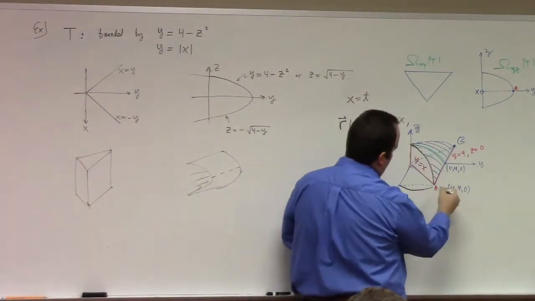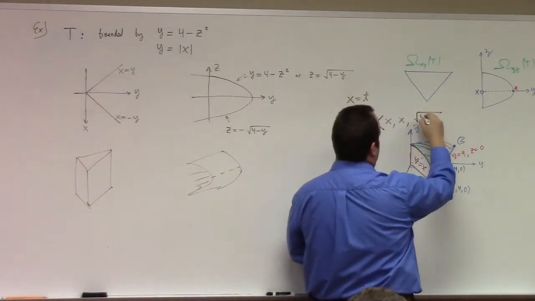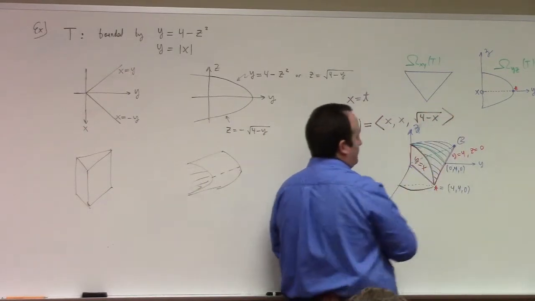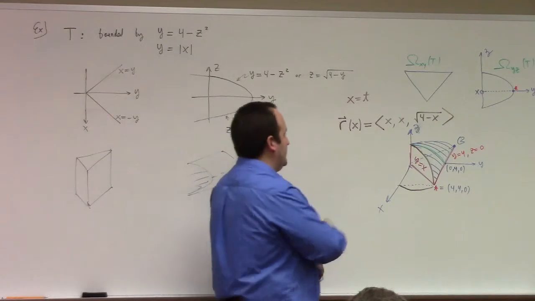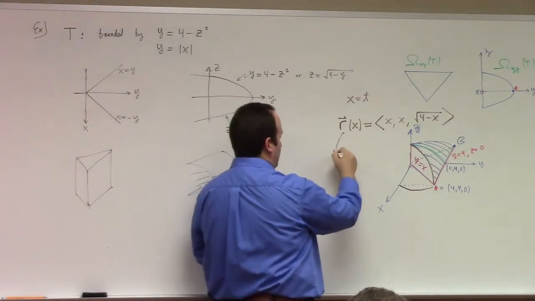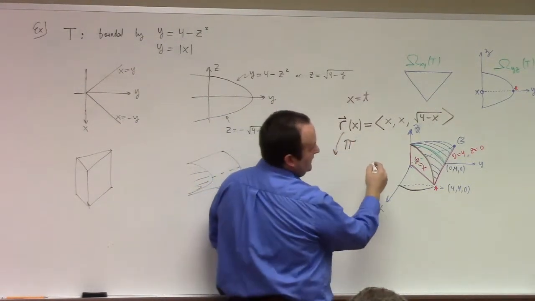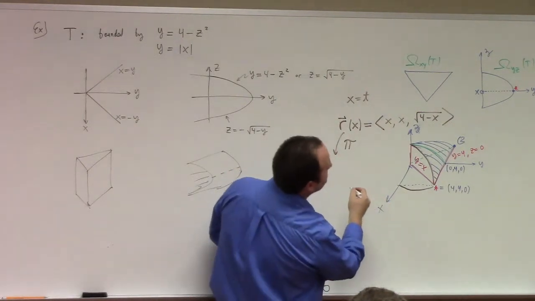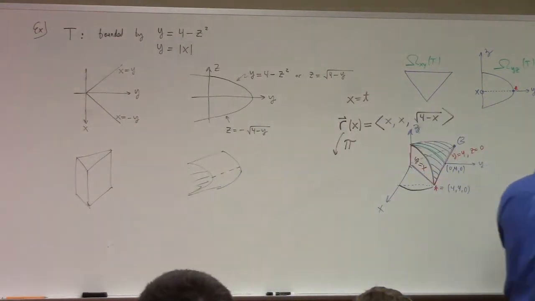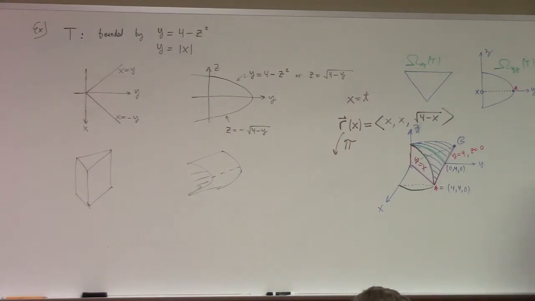So at the moment, the top curve would be the square root of 4 minus x, right? Now, what's the projection? This projects to what? The projection onto the xz plane. We said xz, right? Yeah. Sorry, I need to write it.